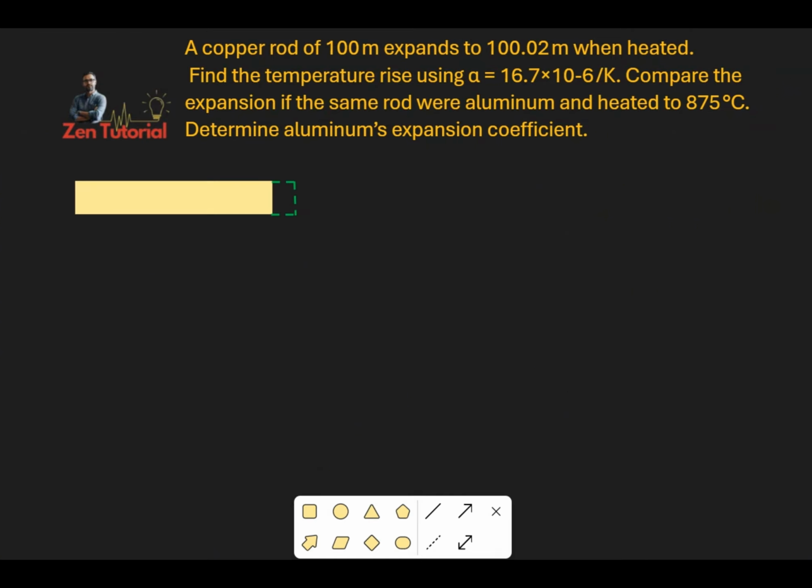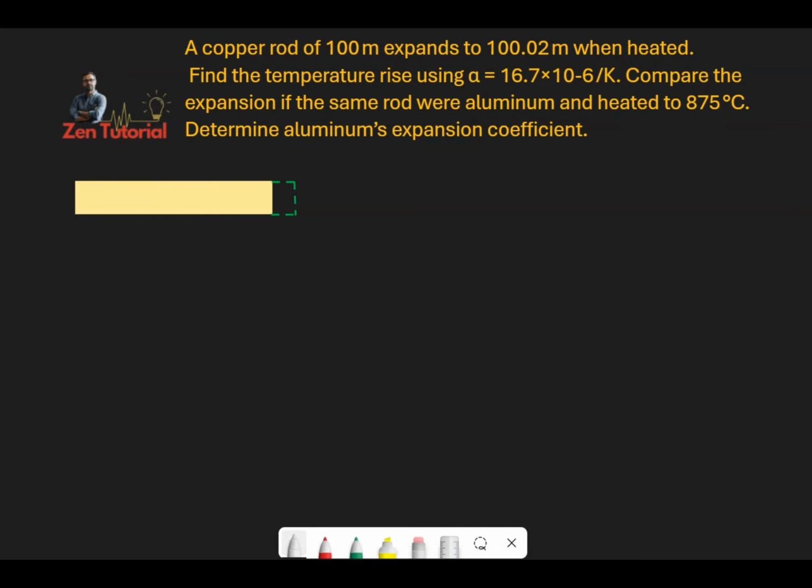In this problem, the copper rod initial length is 100. So initial length L naught is equal to 100 meter, and the expanded region is 0.02 meter. So altogether actually 100.02 meter.